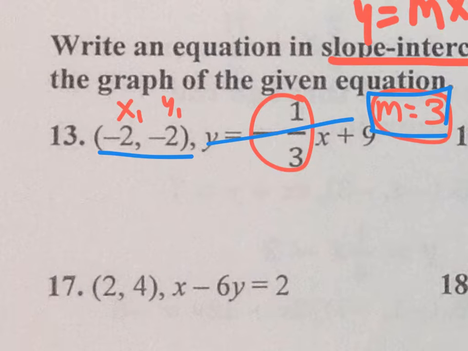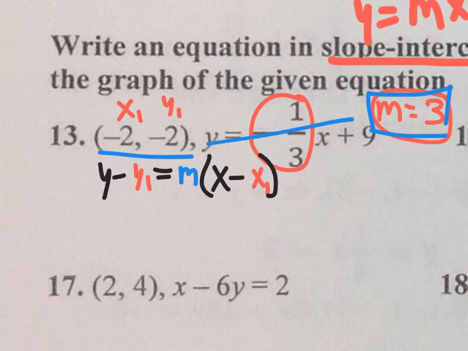It's perpendicular, which means negative reciprocal slope. I already have my slope. I'm good. So I have my slope, and I have my point, so I'm going to go with point-slope form. Of course, you don't have to write down the point-slope form every single time. If you already know it, just jump right into it, right? I'm just writing it down for the video. y minus y1 equals m parentheses x minus x1.